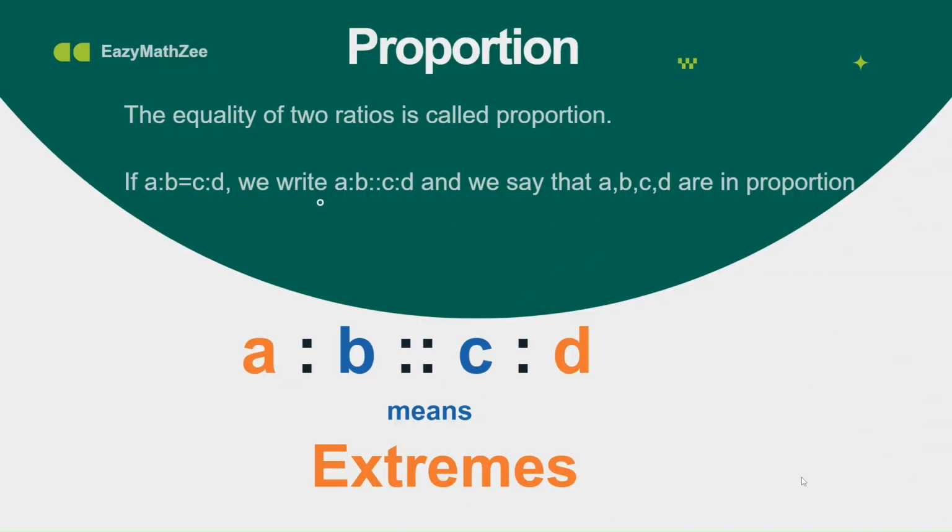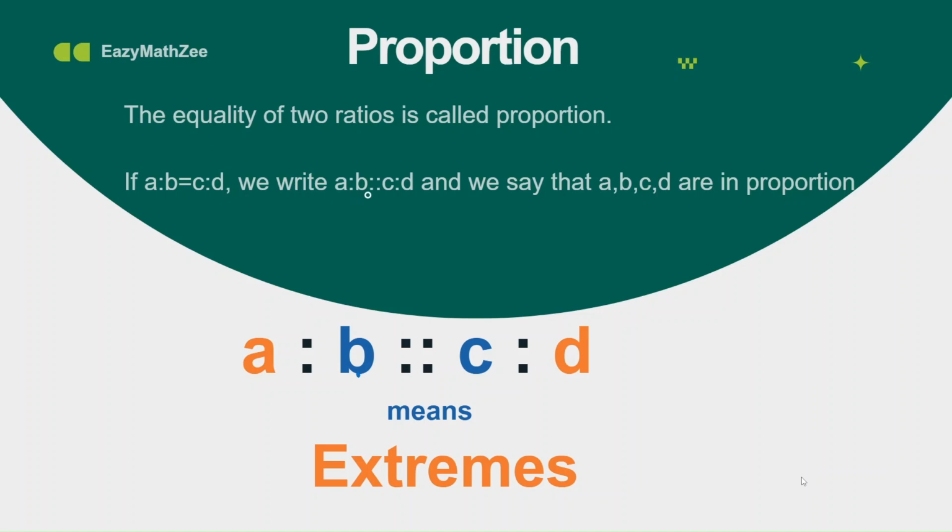Now we'll see about proportion. The equality of two ratios is called proportion. That means we already saw about ratios. If two ratios are given and it is said that they are in proportion to each other, it means they are equal. A is to B is one ratio and C is to D is another ratio.